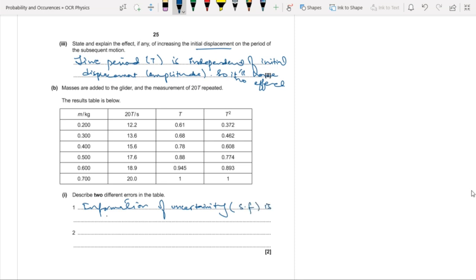So it's not consistent. All right, let's go for the second one.